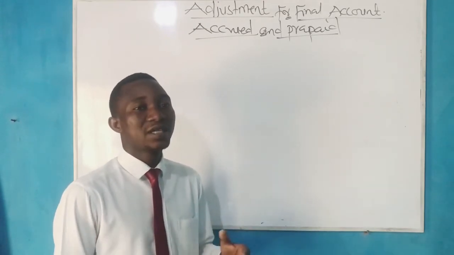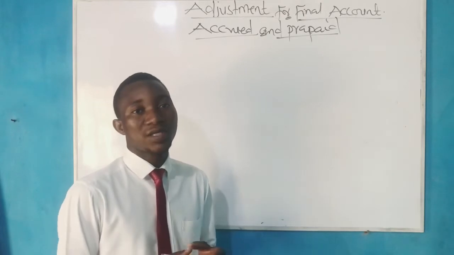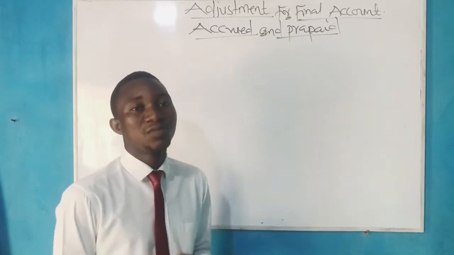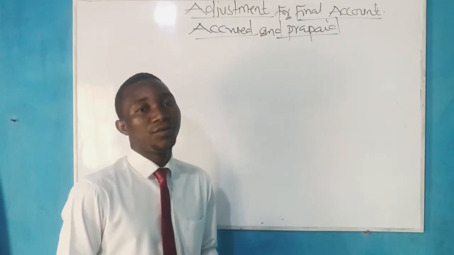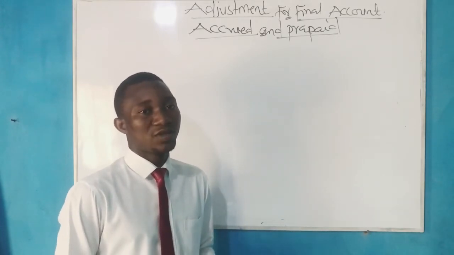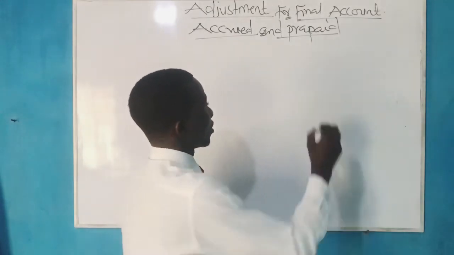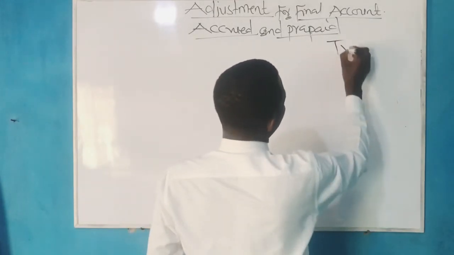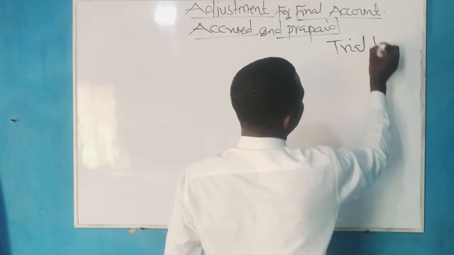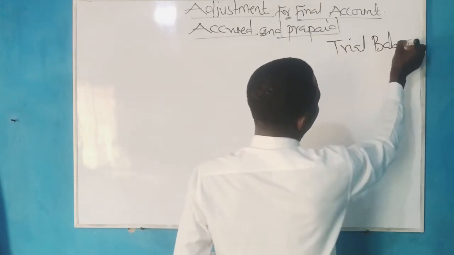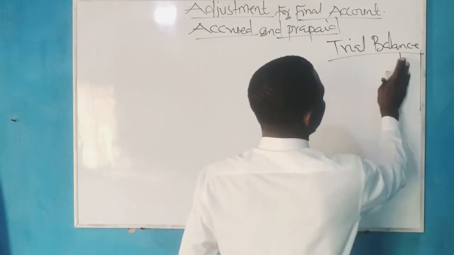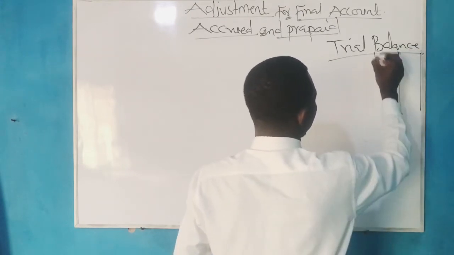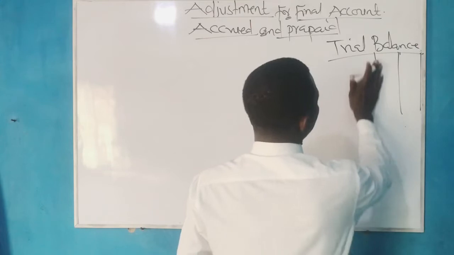So we will be given a simple practical question that involves all these items, and we will see how you treat them in the final account of a sole trader. So we'll be having our trial balance. It is just an extract.